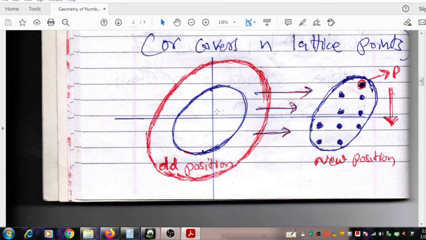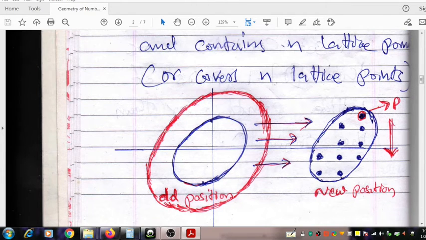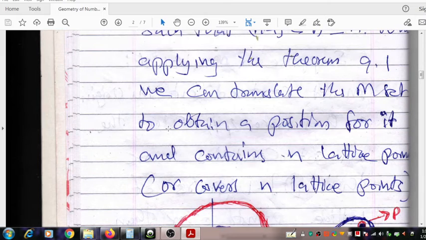Now after this we are going to translate this M set to a new position, so that we get a specified number of lattice points inside, applying a previous theorem.